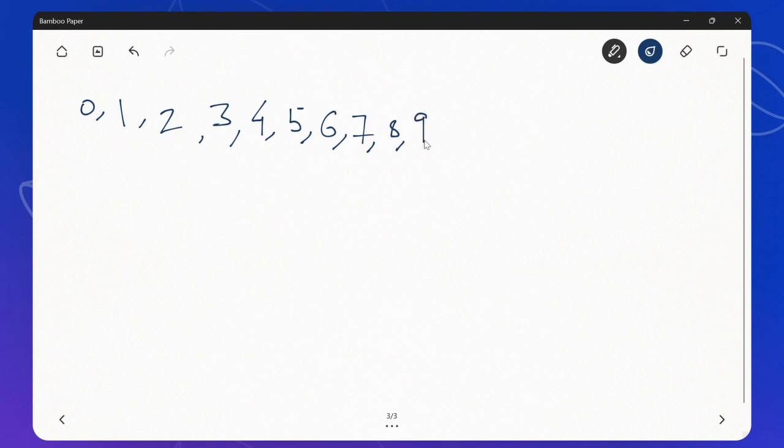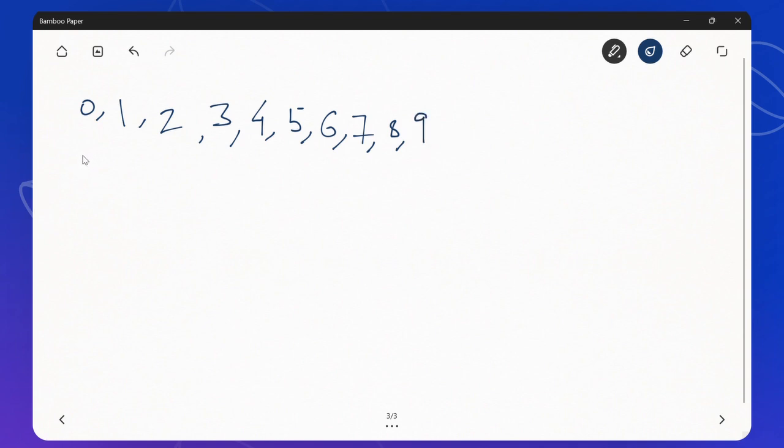So, what are those 10 symbols which are represented in a decimal number system? They are 0, 1, 2, 3, 4, 5, 6, 7, 8, and 9.